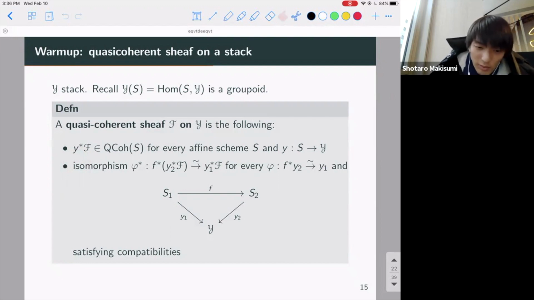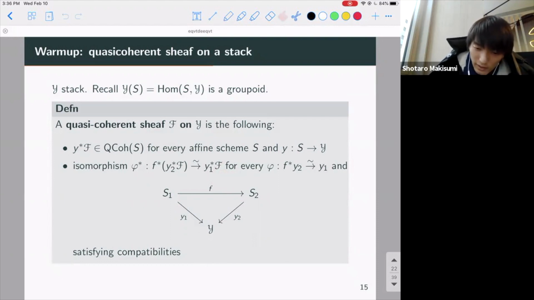And then I need all these pullbacks to be compatible. So here, y1 and y2 are morphisms from some test affine scheme to Y, and f is a morphism of affine schemes. But this might not necessarily commute.